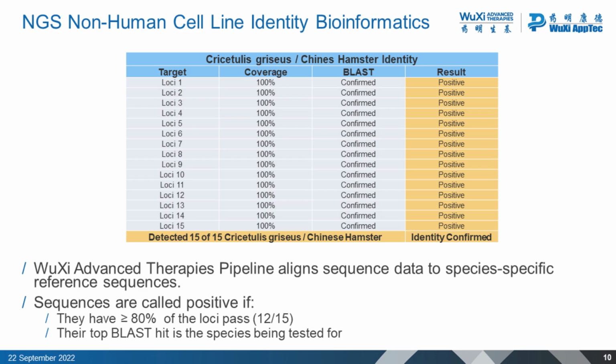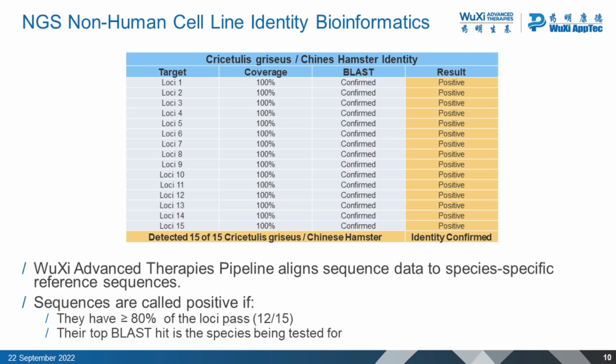In this particular example, as you can see, we have a 100% match for each of the 15 loci that are probed in the identity assay. All 15 of 15 Chinese hamster ovary loci were detected, and the result is identity confirmed.